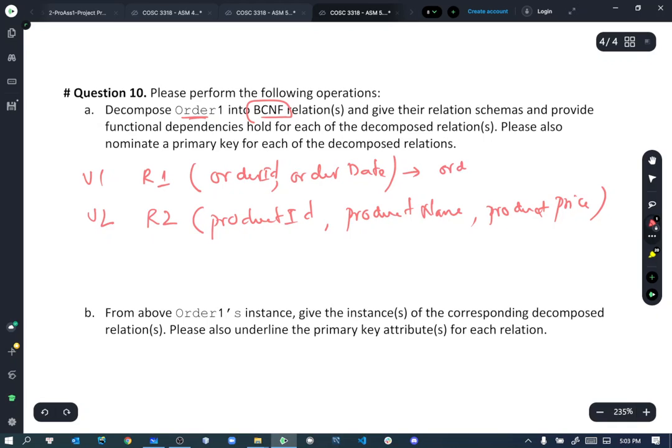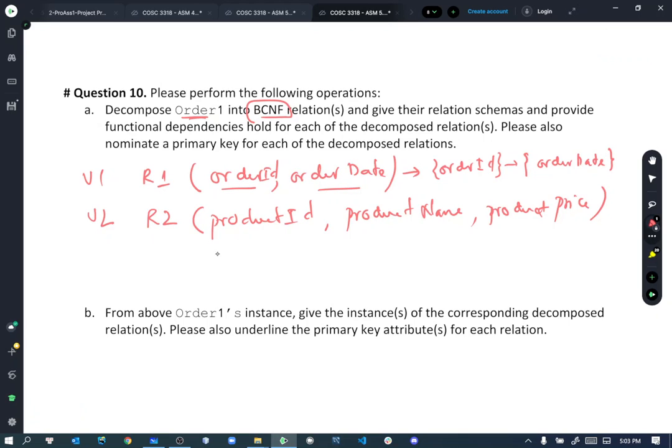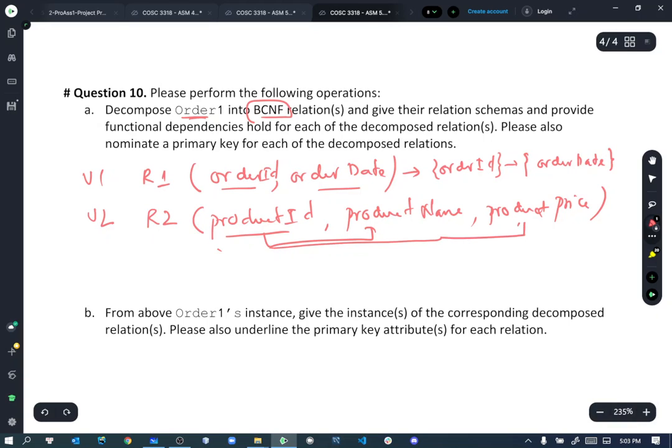We already know that order ID determines order date, and that holds. Order ID, product ID will determine product name, and will also determine product price, and those hold.